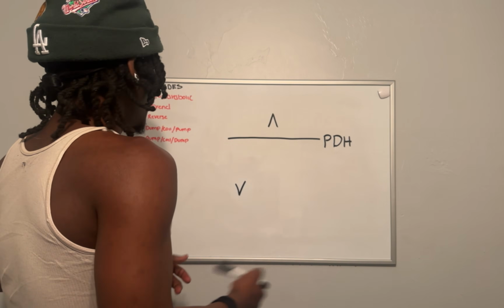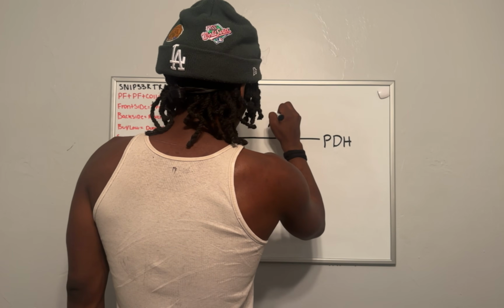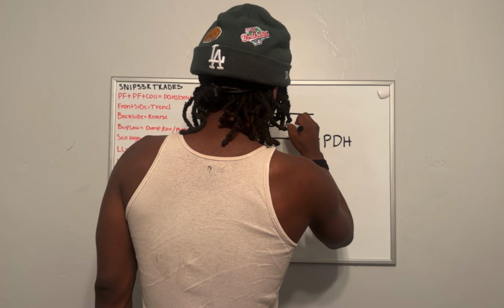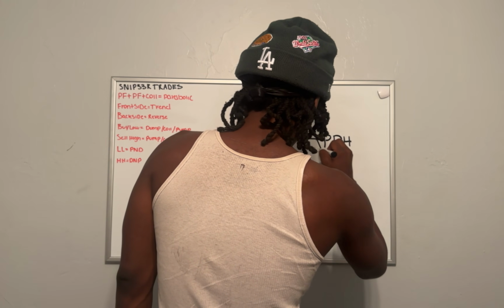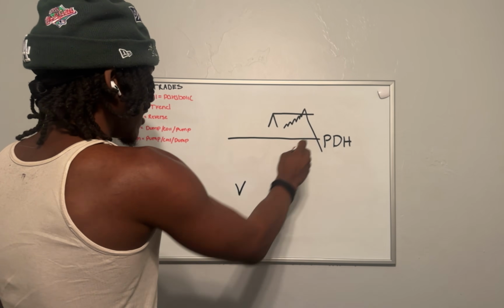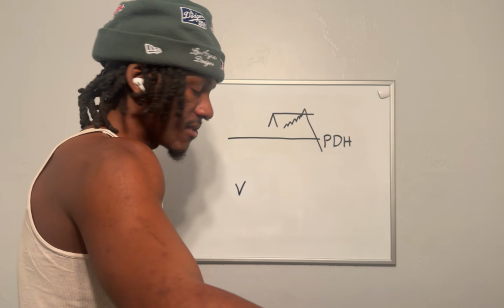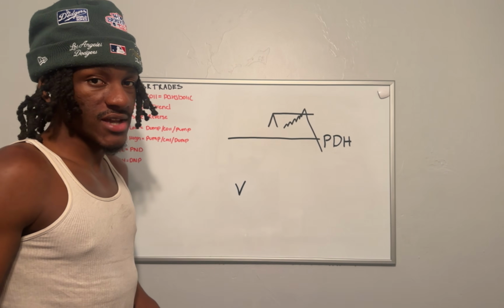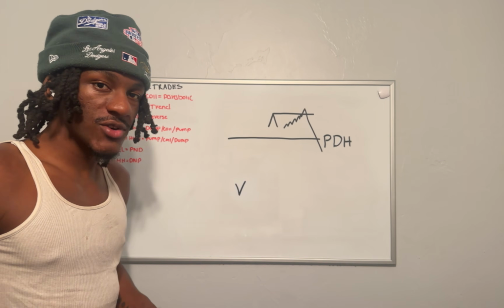So what ends up happening here is they may break out again, fail, break down inside of the level. Now, the reason why I'm shouting out Richie once again is because one thing he will not do is pick a top.